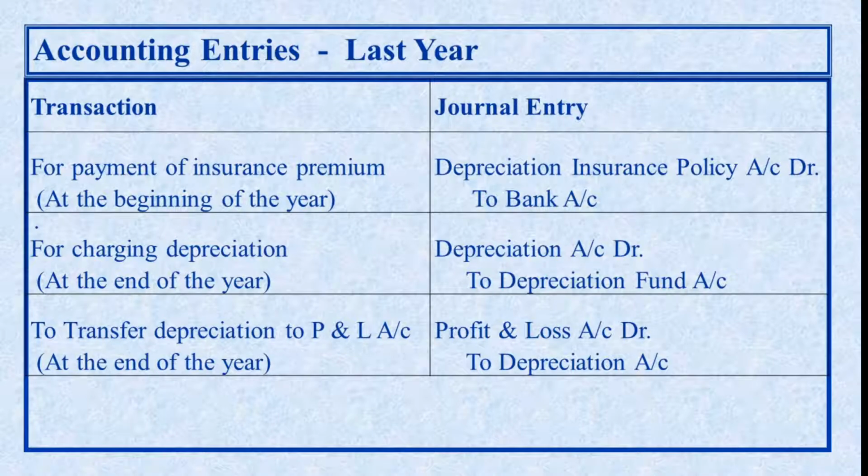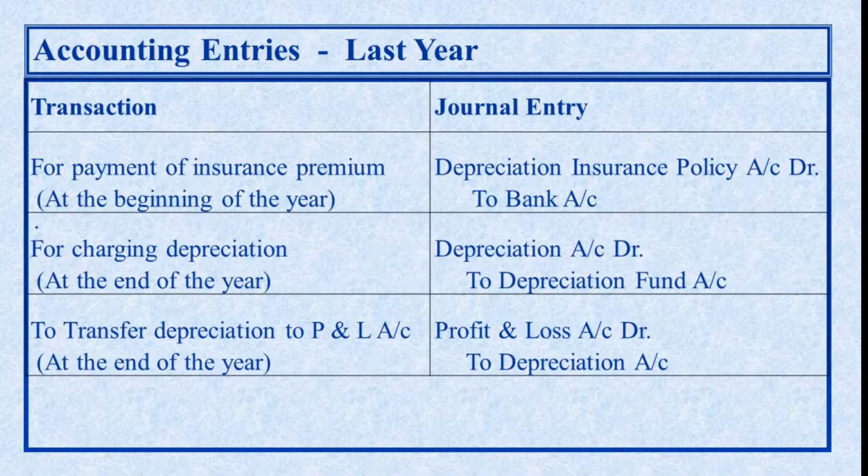Now coming to last year, that is the year when useful life of an asset is over. In this year, the entry for payment of insurance premium, entry for providing depreciation, and entry to transfer depreciation charge to profit and loss account are passed as done in all previous years.